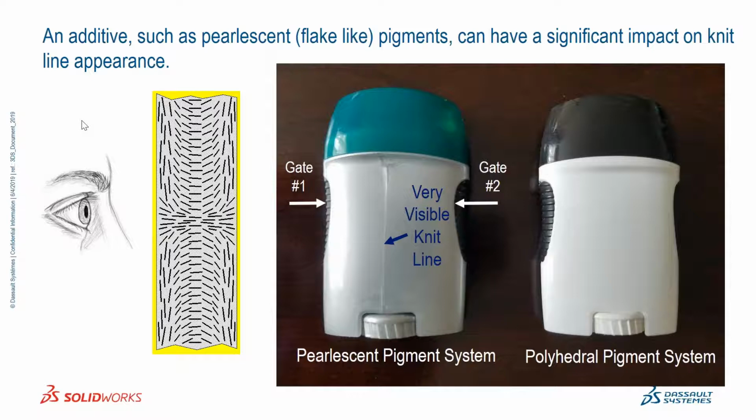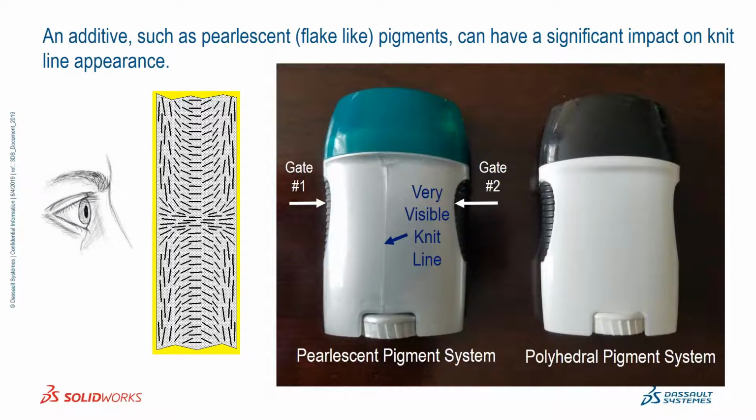Other additives are also important, for example pigments. There are two parts shown here. Both have two gates, and in one case the weld line is very visible, and in the other case the weld line is not very visible. Effectively it's the same base polymer, but the pigment system is different.